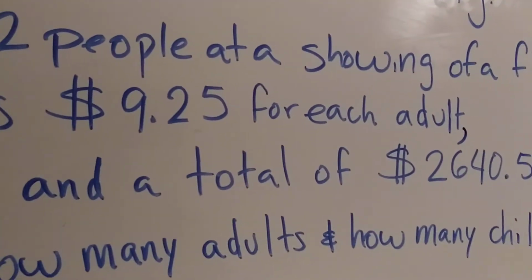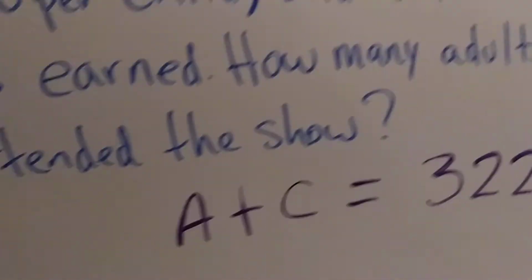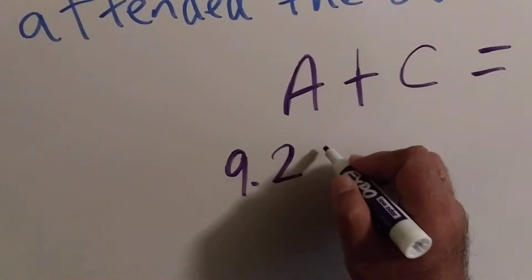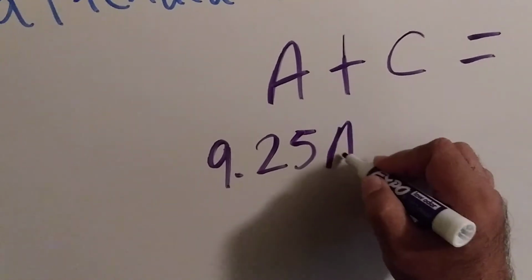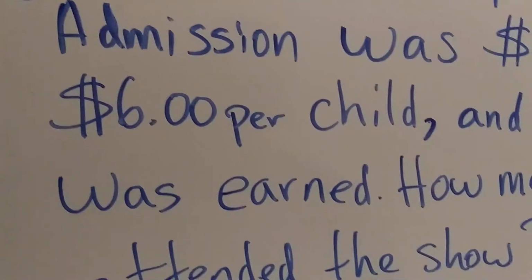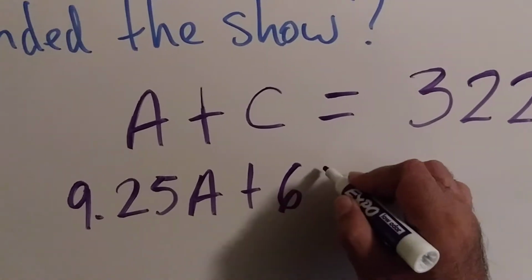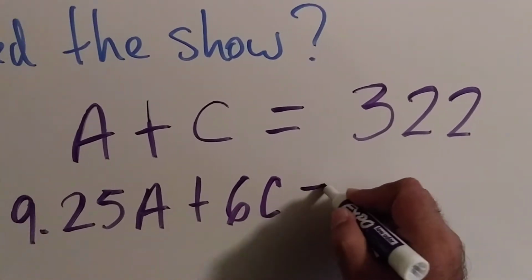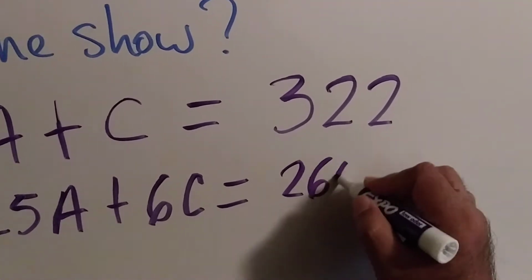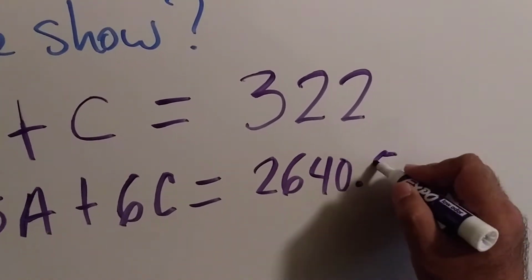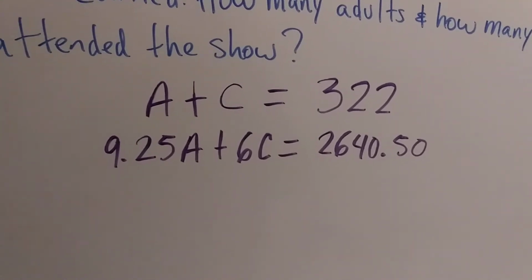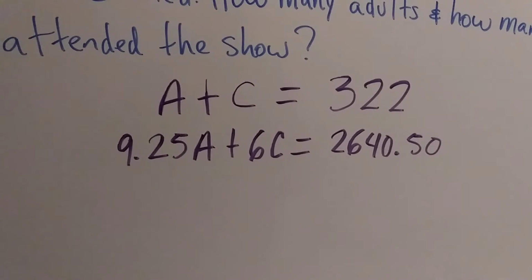We said that it's 9.25 per adult, so we'll have 9.25 times adults, plus we said that it's $6 per child, so 6 times the number of children, and it gave you the amount of 2,640 with 50 cents.